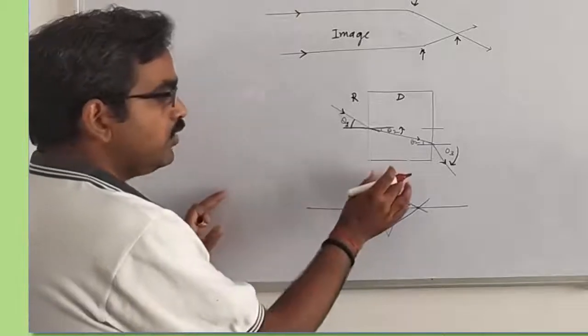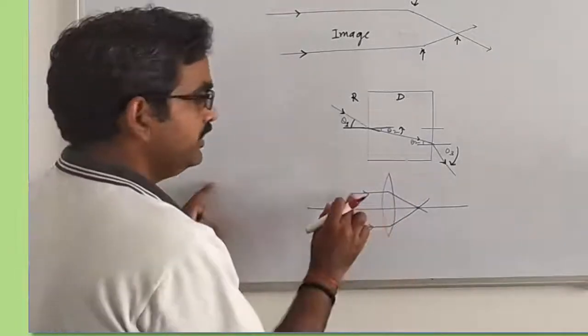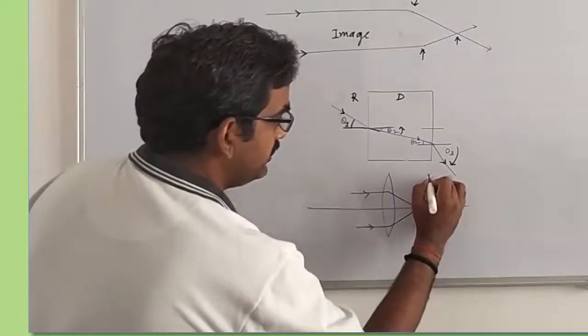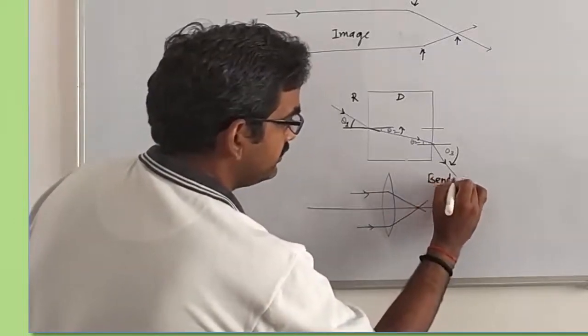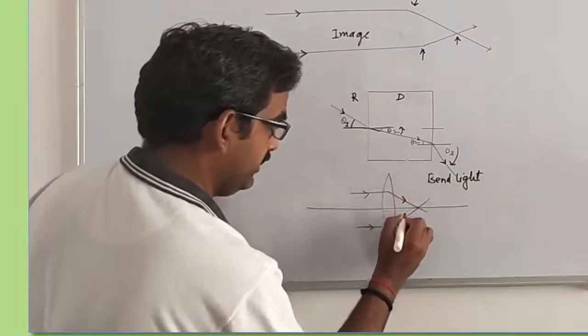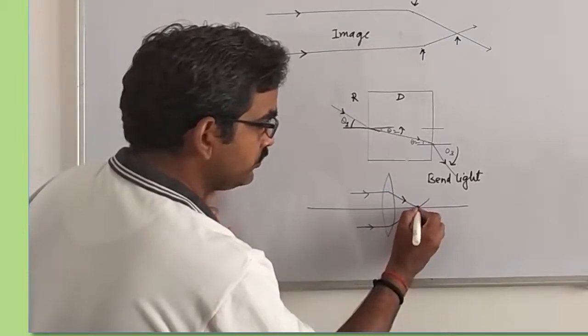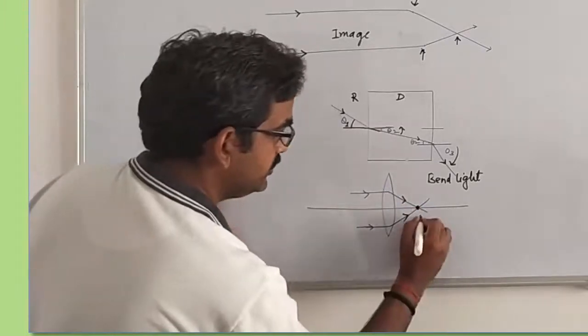So here the convex lens is providing both properties. One, it can bend light. Second, we know where it is going to cross each other, the position.